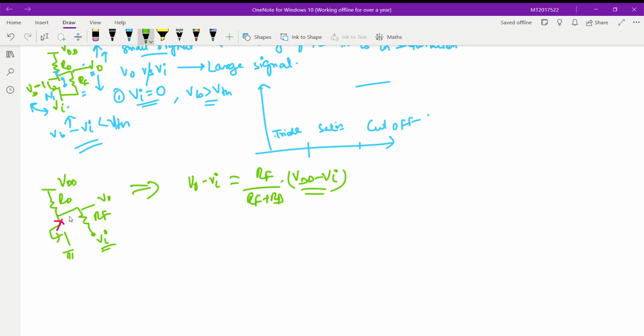A part of it is VO minus Vi, that is here. And what is that part? It's a voltage divider, RF by RD plus RF. So we can just find it out from here. This will be equal to RF, VDD will be in the numerator.